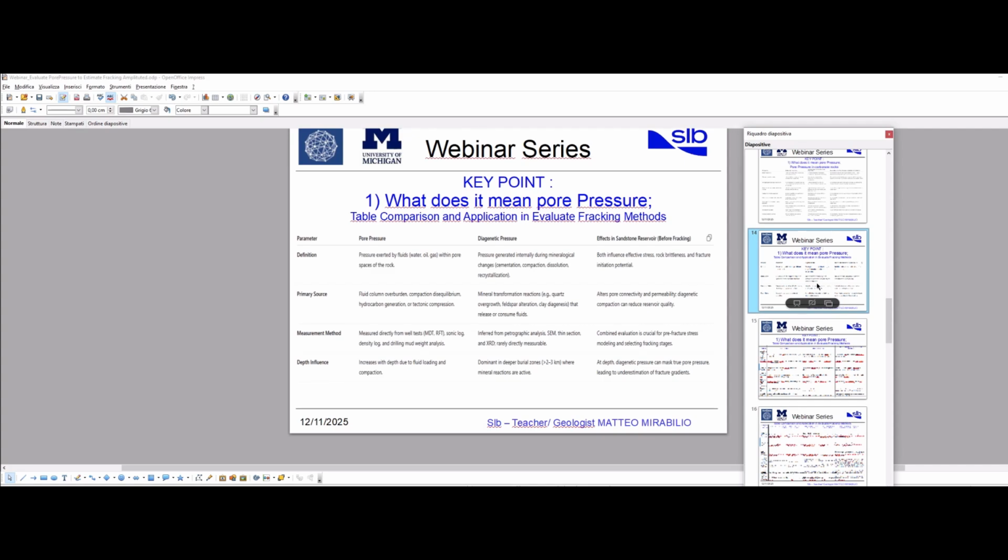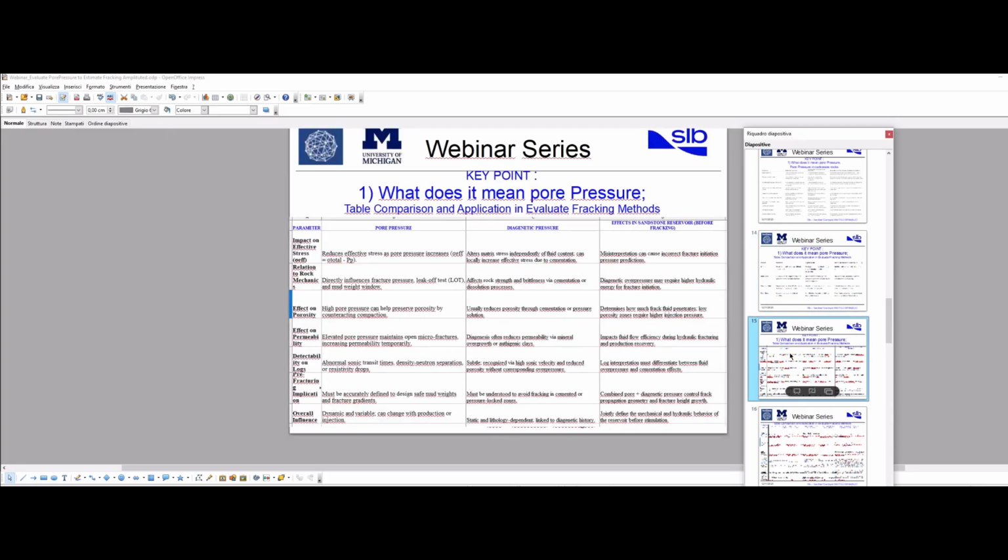So this is a complex analysis that you need to do with real attention for safety, safe jobs in this case, and to reduce the cost of security and cost of operation.